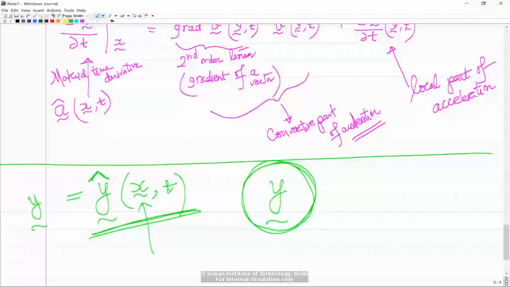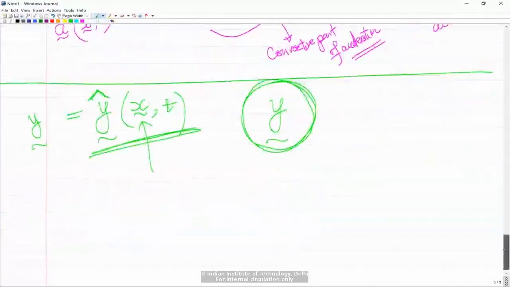So when we take the inverse of chi, we consider this y tilde only, not y hat, right? I mean, when we are finding the particle p by tracing its current location. In that case, we are using this y tilde, meaning the current location, which is not varying with time. Your question is not really clear, but you are talking about some inverse map, okay? Please write it. P is equal to chi inverse of y tilde comma t.